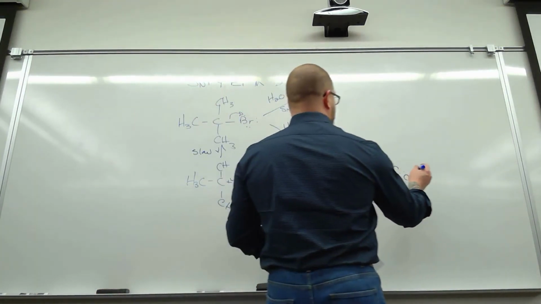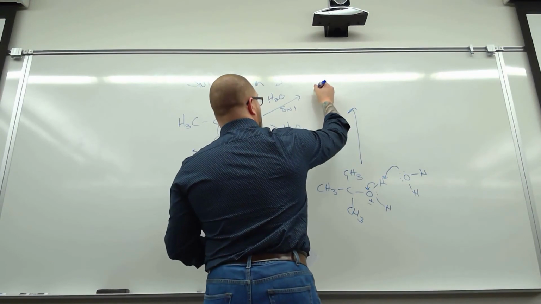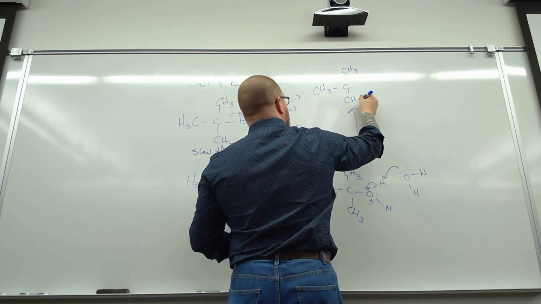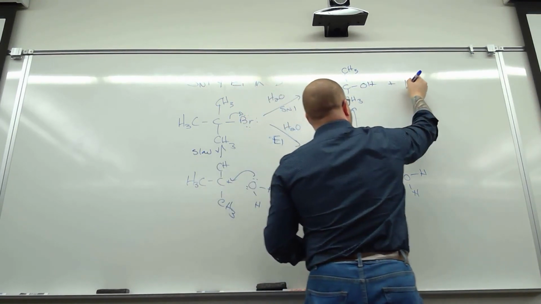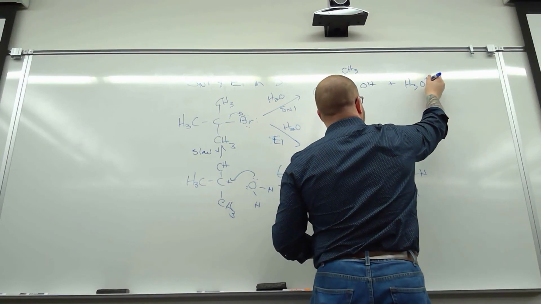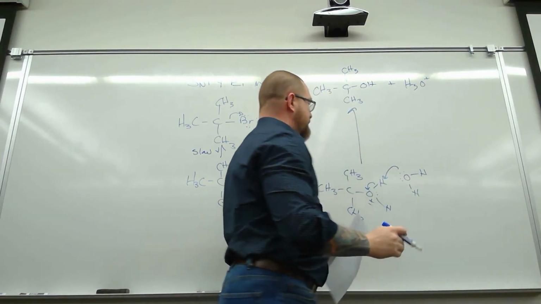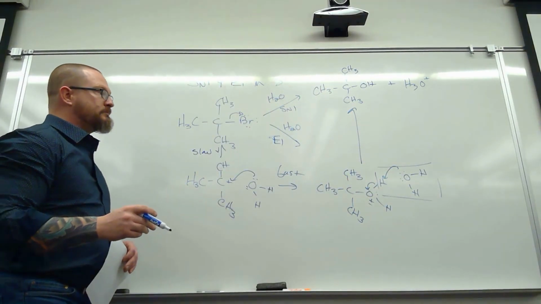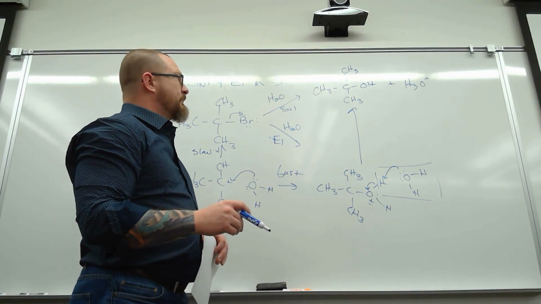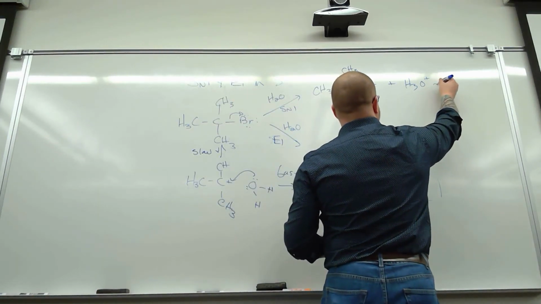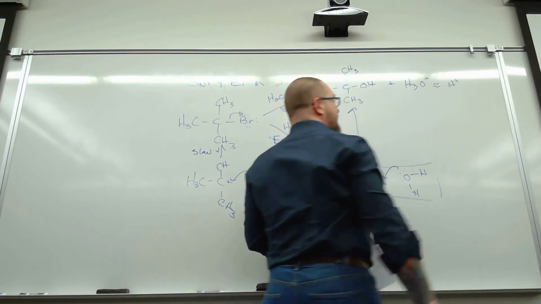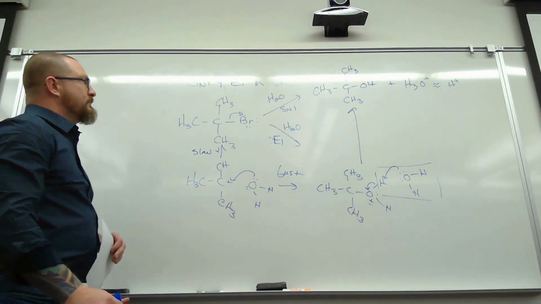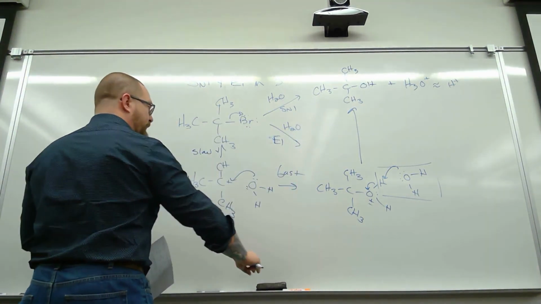Now we're going to have our product plus hydronium, because we've got H3O plus now. And this, remember, is essentially equal to that in an aqueous system. So this is our product for the SN1.